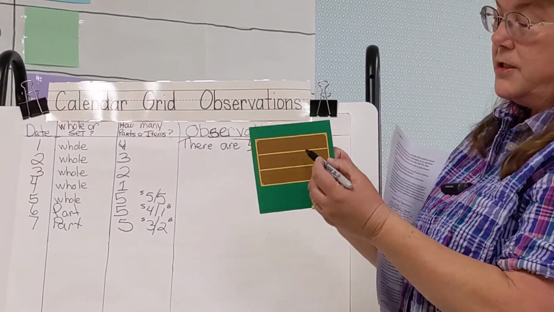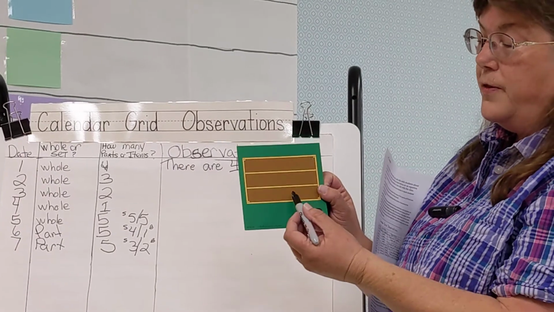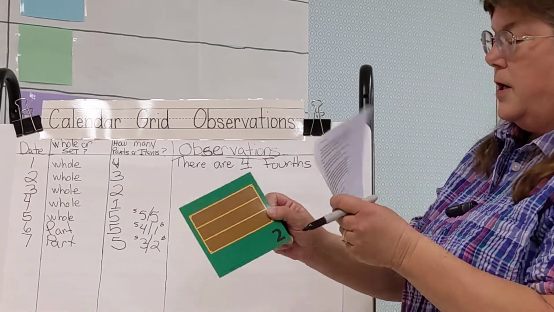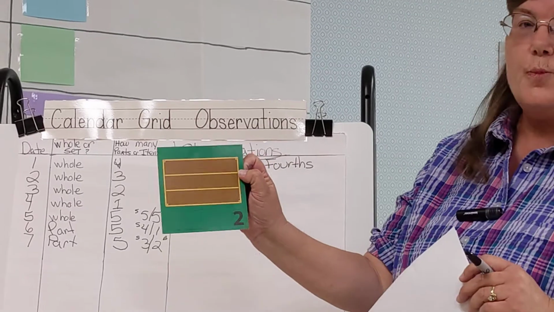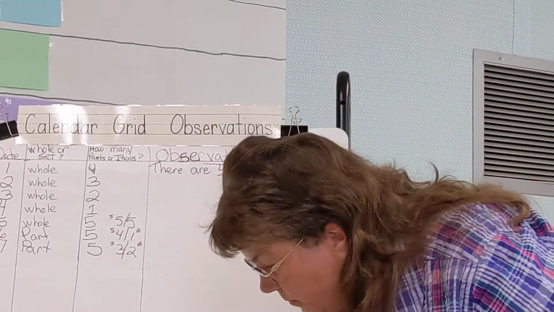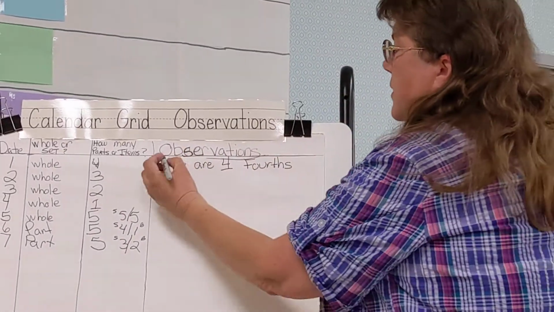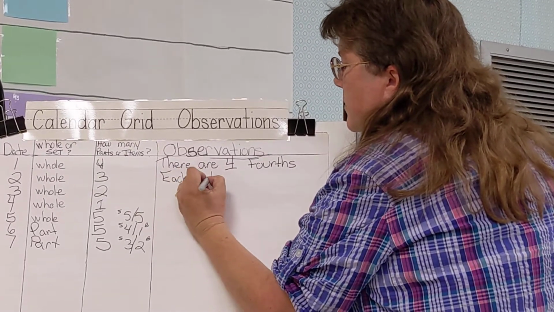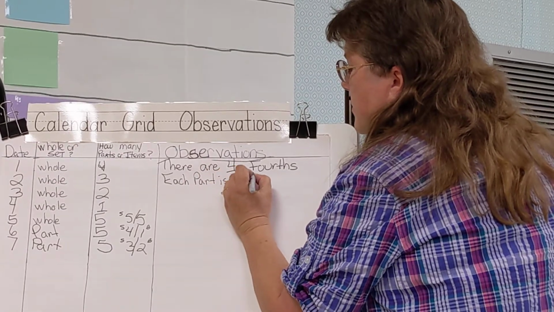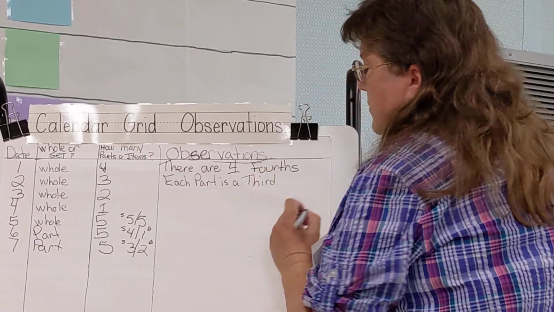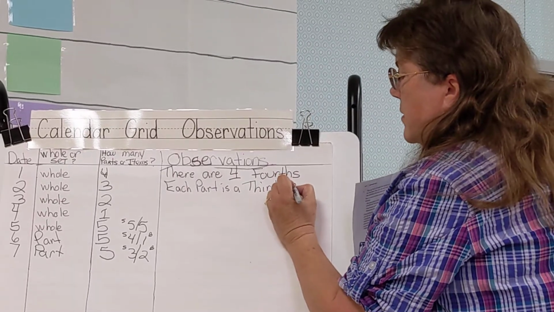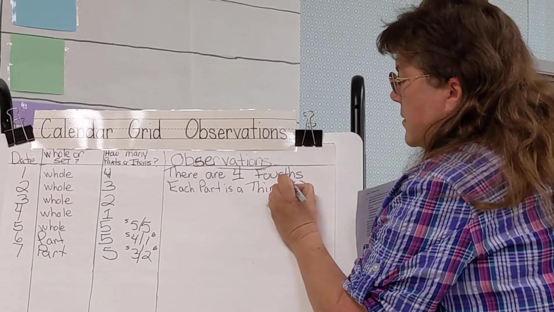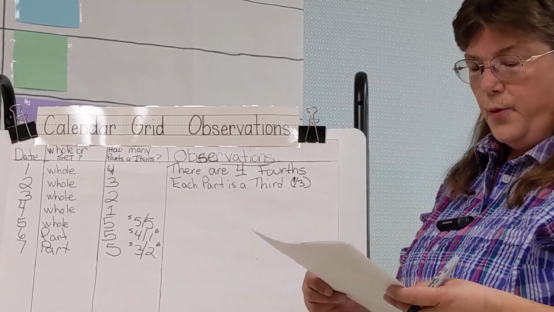Oh, okay, so number 2 is divided into 3 sections, and these are called thirds. 1/3, 2/3, 3/3. So our observation is each part is a third. Okay, so number 3.